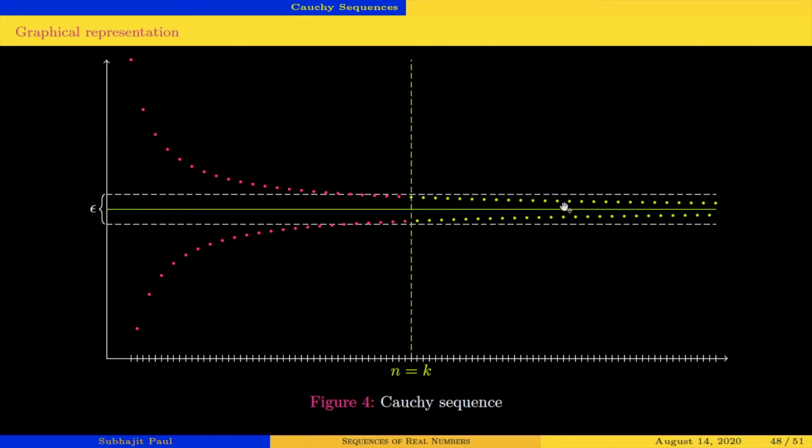Now what is happening is that this number, we do not know whether it is a rational number or not. If this is not a rational number, then this line doesn't exist here in Q, in the set of rational numbers. So the terms are getting infinitesimally close to each other, but there is nothing to gather around.